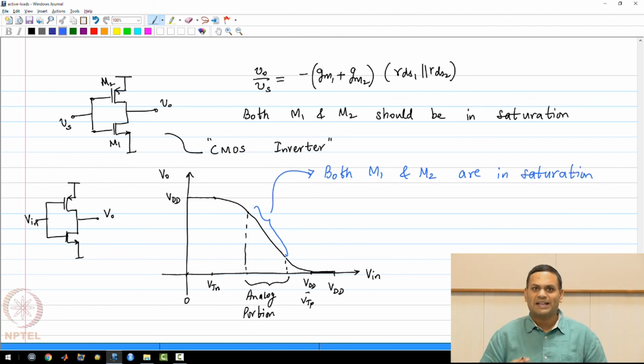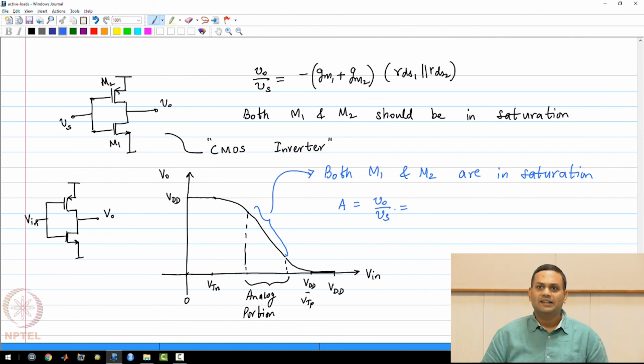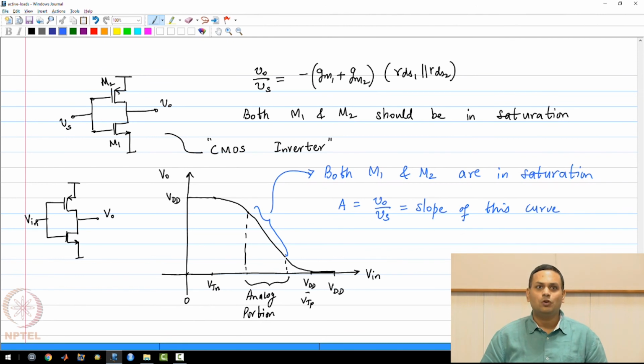And this is where you get maximum gain, because please note that the gain A, which is Vo by Vs, is nothing but the slope of this curve. It is basically dVo by dVin. Of course, I have shown this in an exaggerated manner such that the gain is not very high.